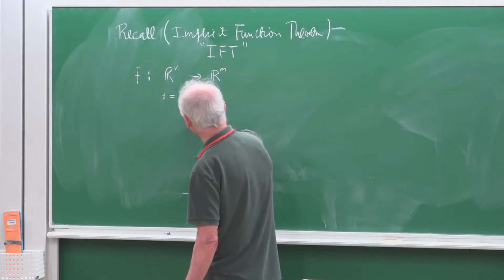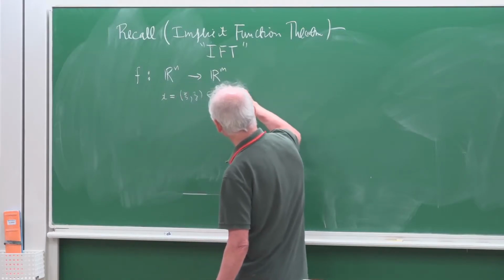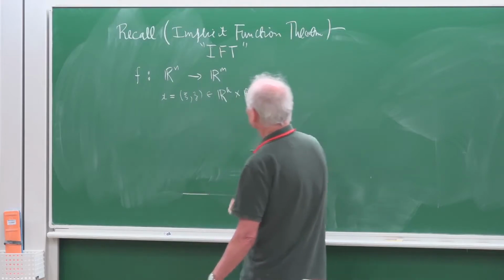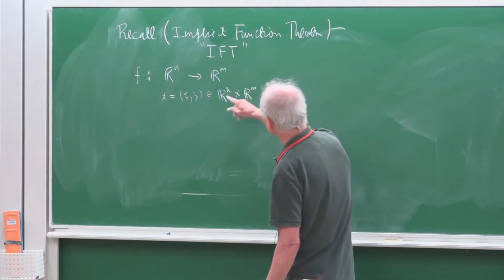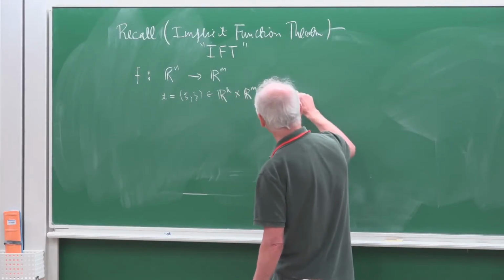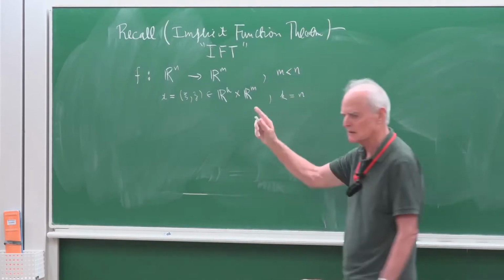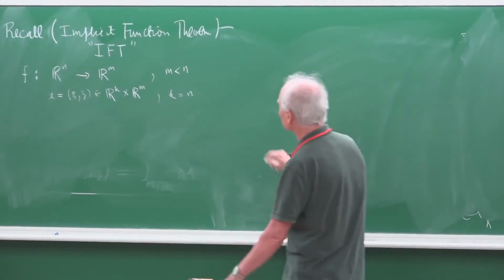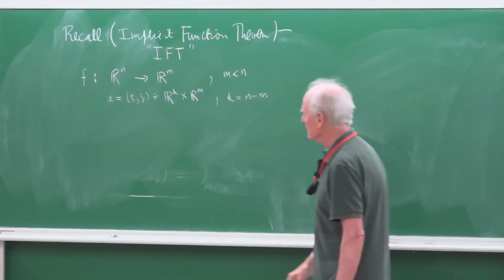So xi is in R^k, so this is in R^k cross R^m. So k is equal to n minus m. m is less than n, same as it is in the co-area formula, right? So k is equal to n minus m.